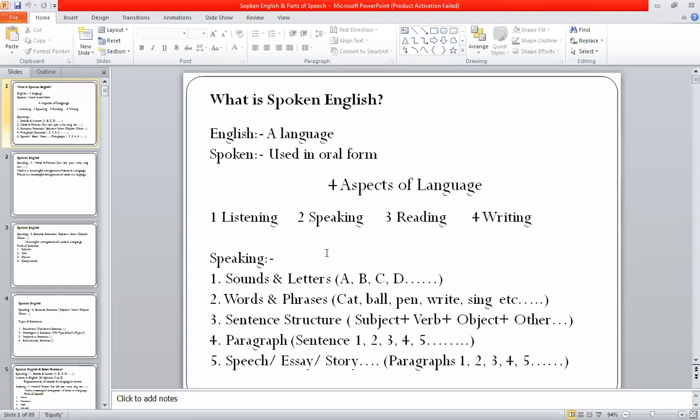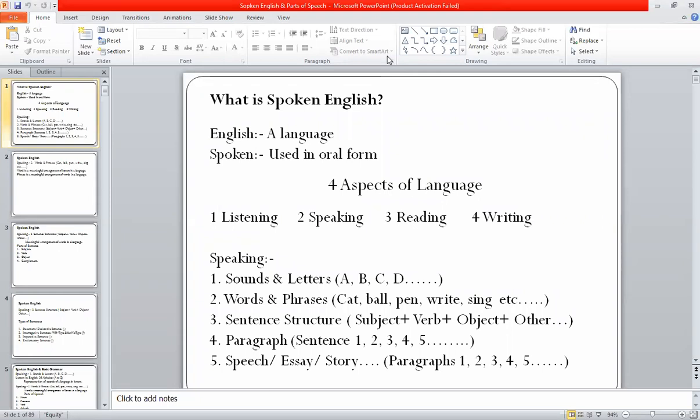When any language is used in oral form, it is called spoken. So when we use English in oral form, it becomes spoken English. So this is about spoken English.